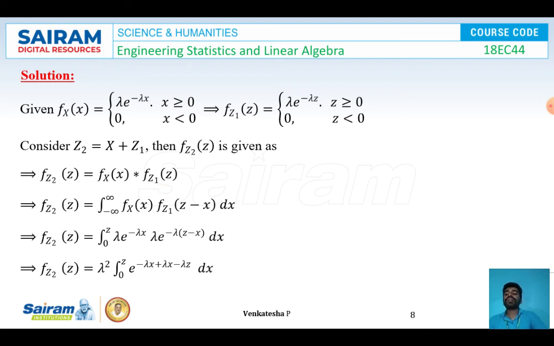So now this f_Z2(z) will become integration from minus infinity to plus infinity of f_X(x) f_Z1(z minus x) dx.